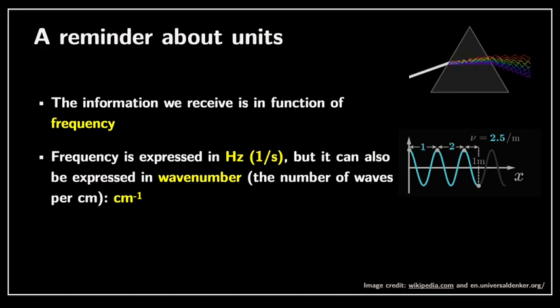But it can also be expressed in wave number. Of course, the wave number is the number of waves that you have per centimeter. You can see that in the picture on the right-hand side. You can talk about frequencies, which is in this case 2.5 per meter. But we can also count how many waves we have for a given centimeter, and that's what we find here.